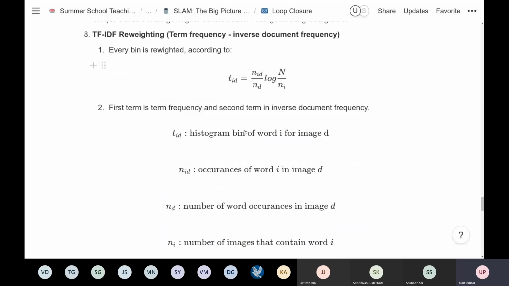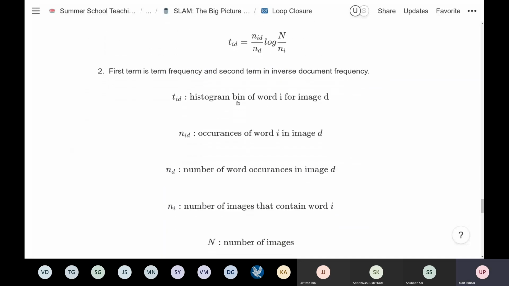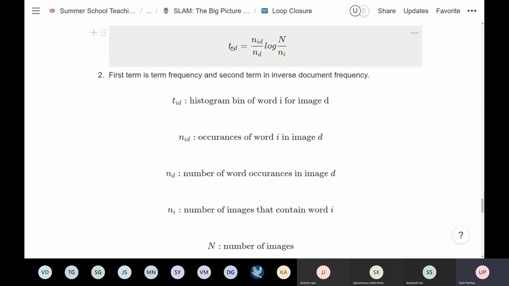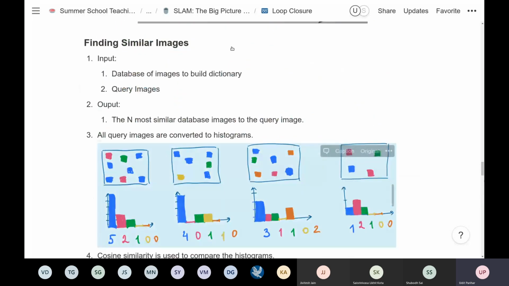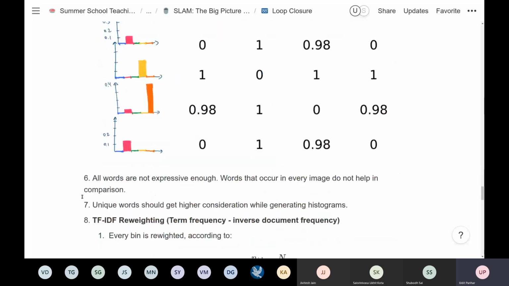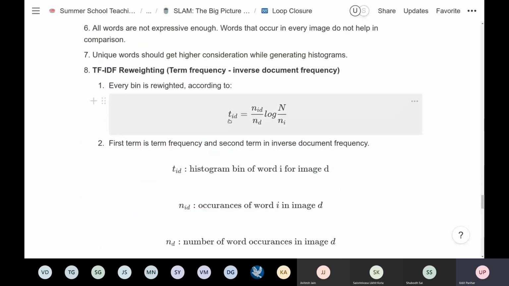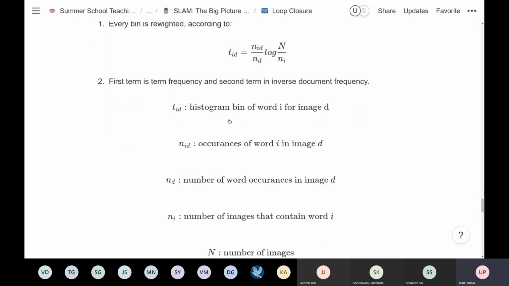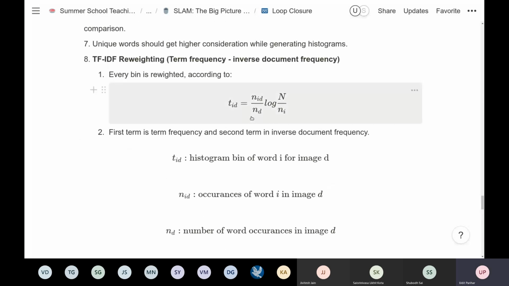So here is this formula. Instead of the number of times a particular word comes in a particular image, the value of this TF-IDF will now be represented on the y-axis. The first term is the frequency term.